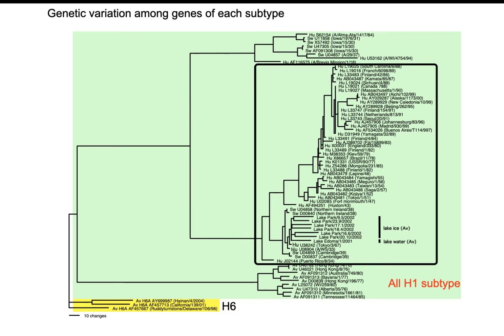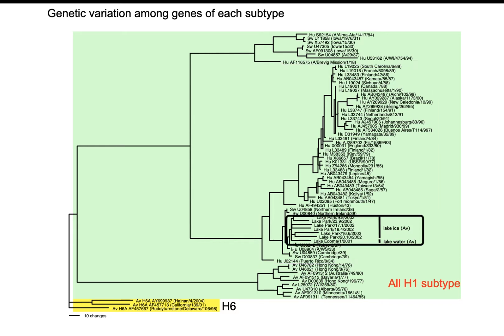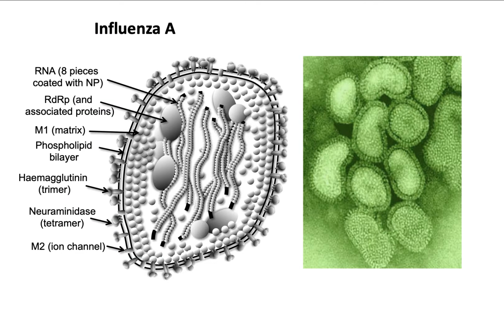And the other groups down here are ones that cause more mild disease, not pandemic flus. And the ones here that say lake ice and lake water, those are ones that we studied, and I'll talk a little bit more about those. But first, a little more about the virus.